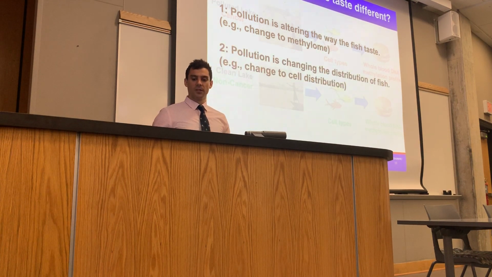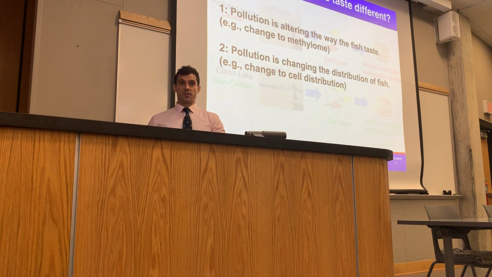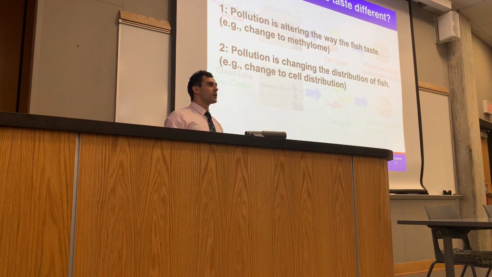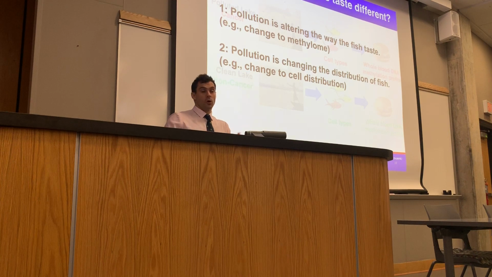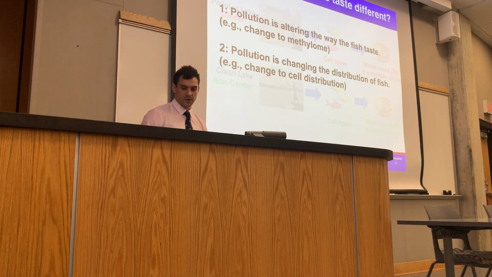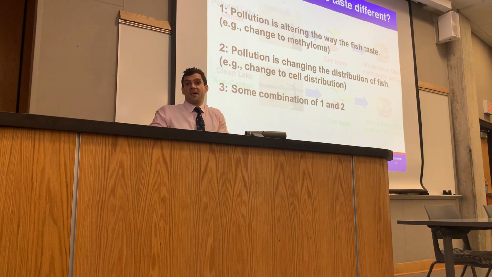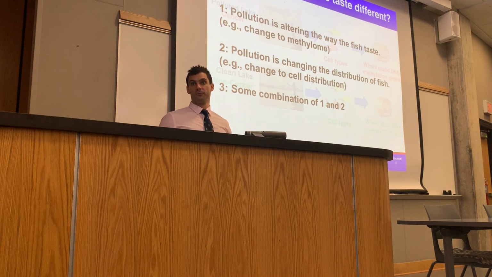The second possibility is that pollution is changing the distribution of the fish. See, evolutionarily, there may be certain fish that are better suited to live in the lake that has the pollution than other fish. And so we know that salmon tastes different than cod, so that might explain why the fish fillets taste different. And the third possibility is that it might be some combination of one and two.